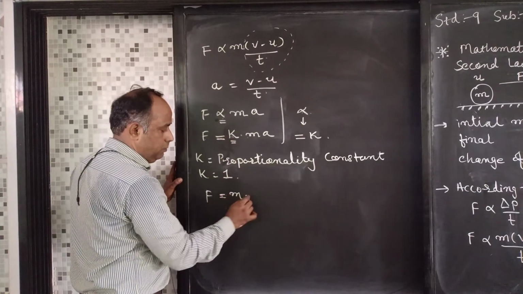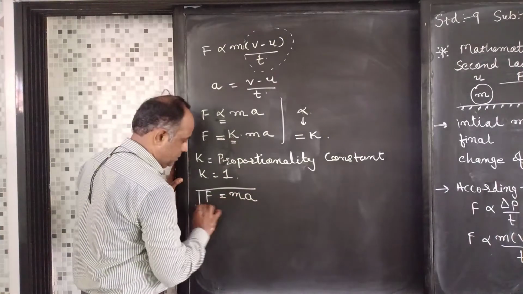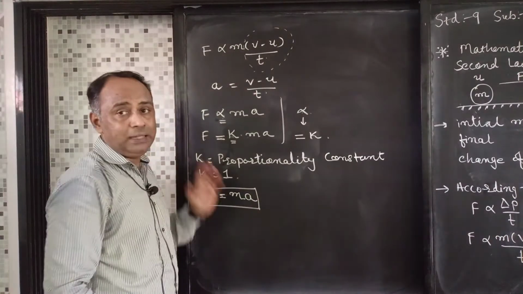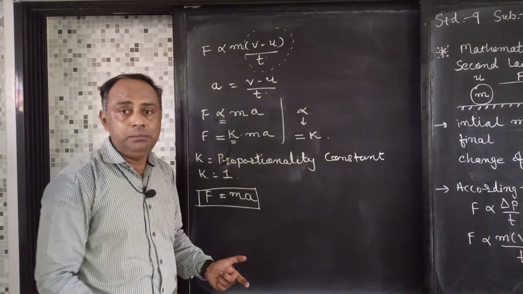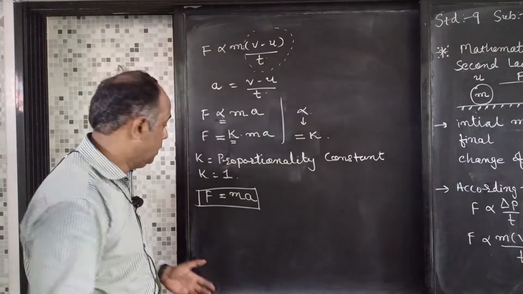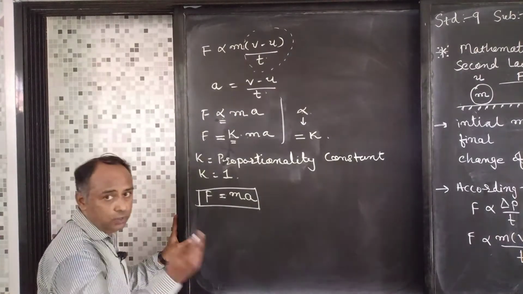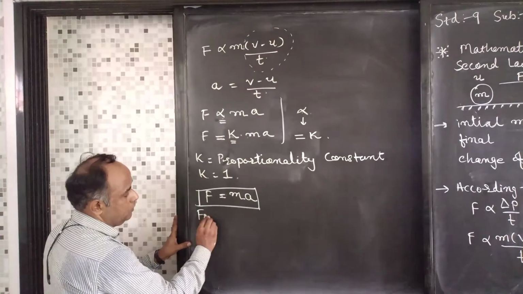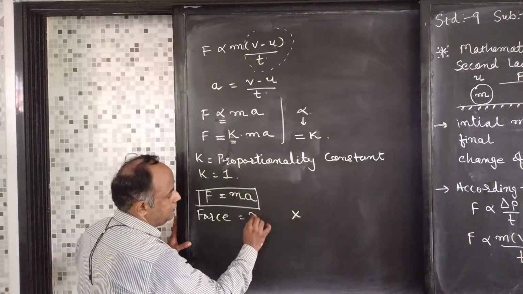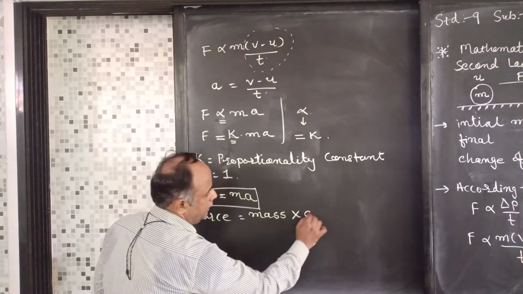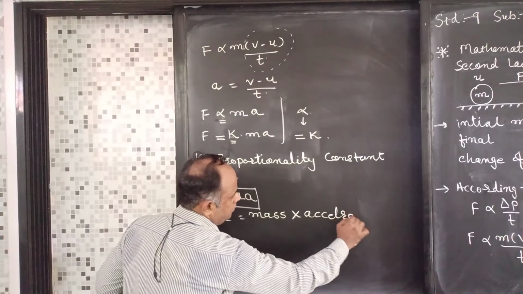So it will become F equals m into a, and this is nothing but the mathematical representation of Newton's second law, which can be represented in word form as force is the product of mass and acceleration.